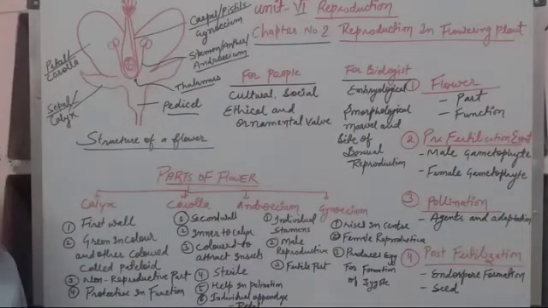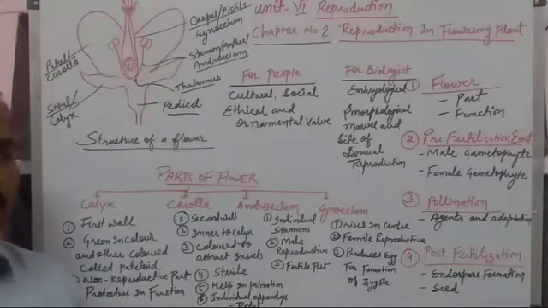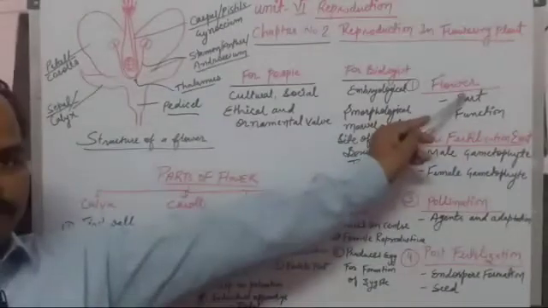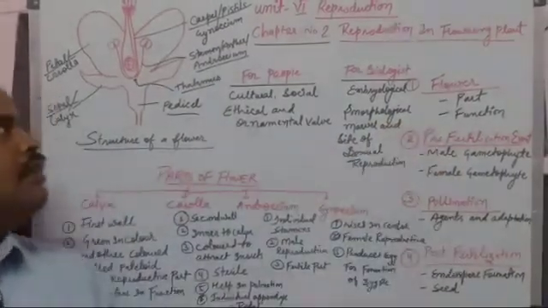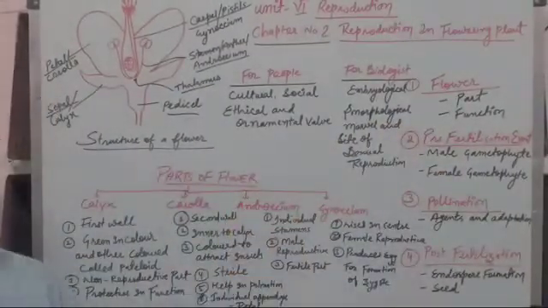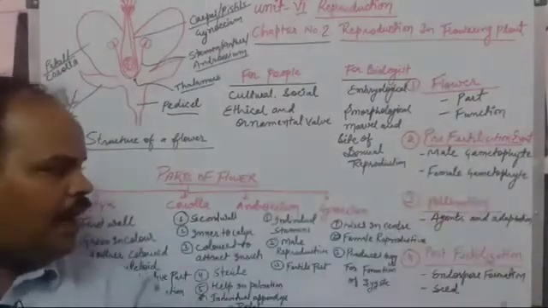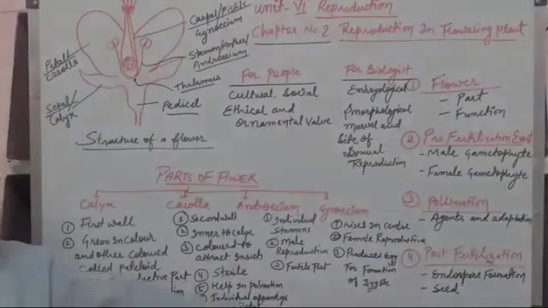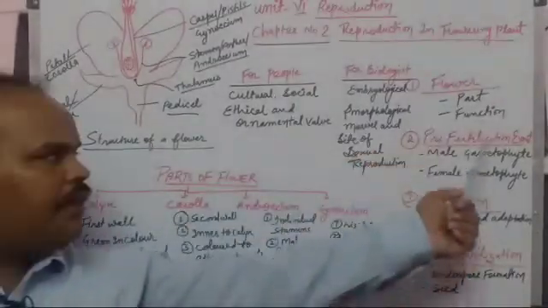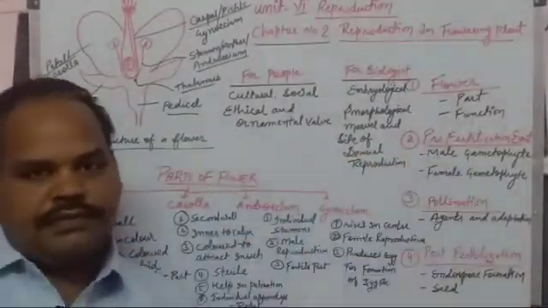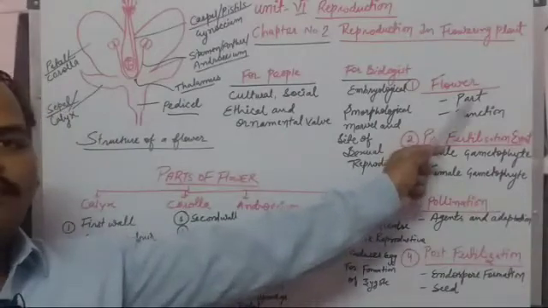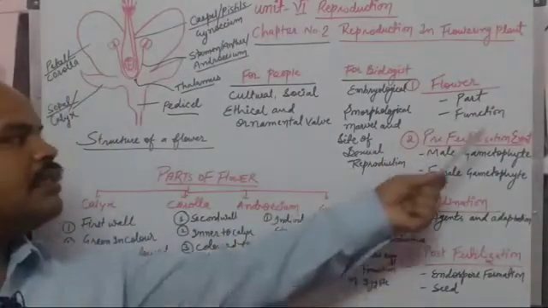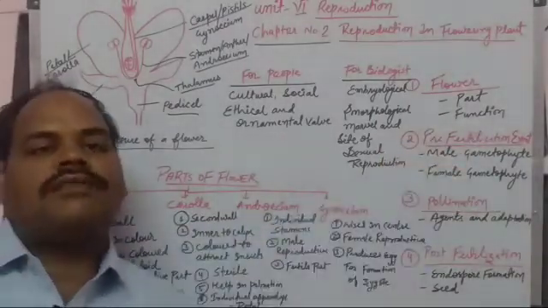So we will start the first part, flower, because in chapter 2 we will discuss all its parts. Today we will start with the flower. First is the parts of the flower, and the second is the function of the flower.